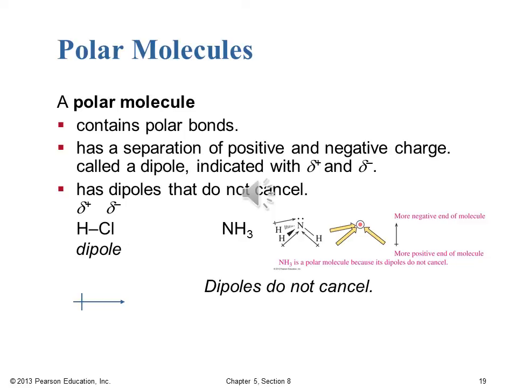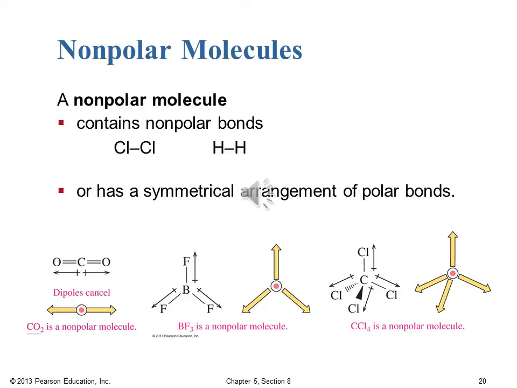If we look at HCl or NH3, the dipoles don't cancel because we don't have anyone pulling equal and opposite, no net cancellation. So of course the nonpolar molecule would involve either nonpolar bonds or a symmetrical arrangement of the polar bonds, at least an arrangement that allows for a net cancellation of dipoles.